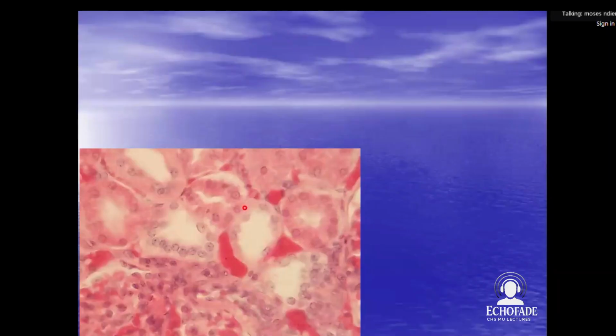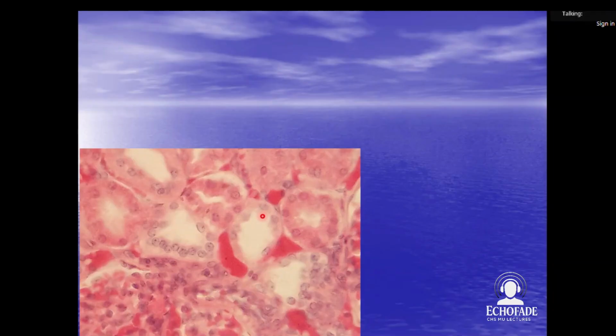In the distal convoluted tubule, we have further reabsorption of ions, and also to some extent reabsorption of sodium. That reabsorption of sodium is under the influence of aldosterone. By virtue of reabsorption of sodium, you also have reabsorption of water.